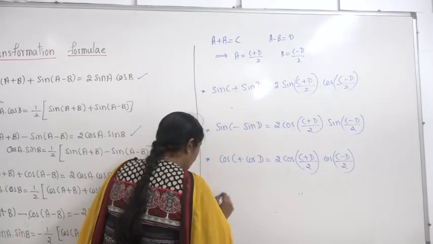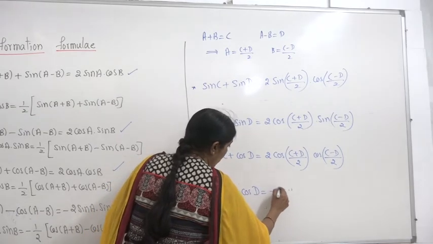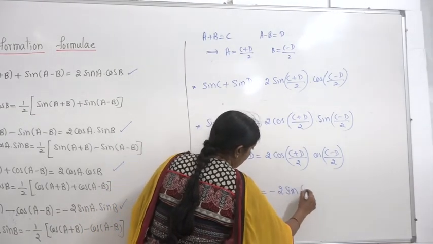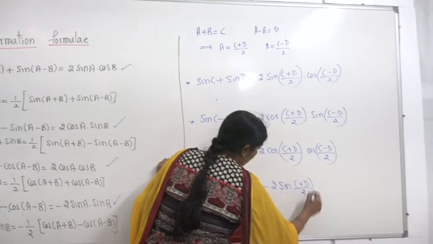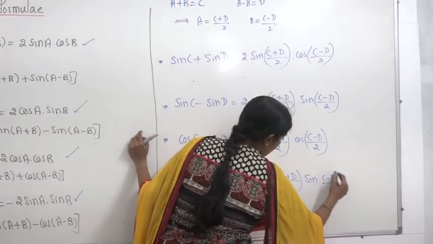And last one, cos c minus cos d is equal to minus 2 sin c plus d by 2 into sin c minus d by 2.